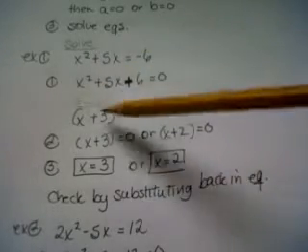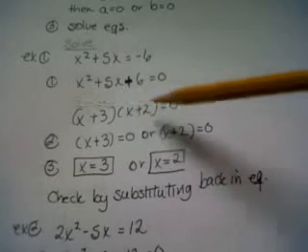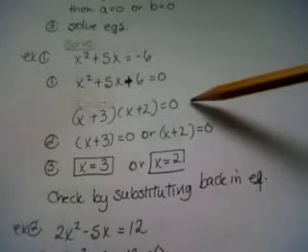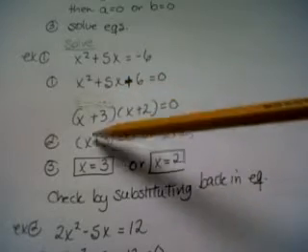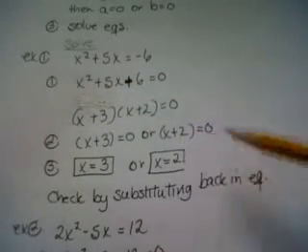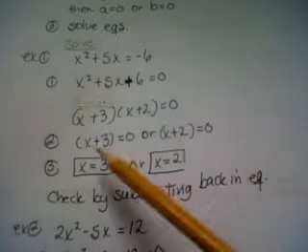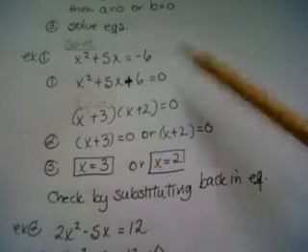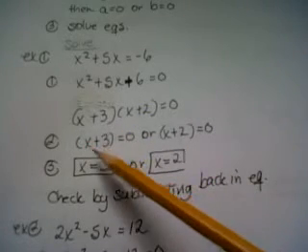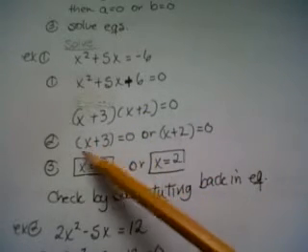So when I factor that, I get x plus 3, parentheses, x plus 2 is equal to 0. Now I'm going to use my zero product property, which means I'm going to set x plus 3 equal to 0, or x plus 2 is equal to 0. Then I'm going to solve these linear equations. This was called a quadratic equation because it had a square. These are called linear equations because they just have x's.